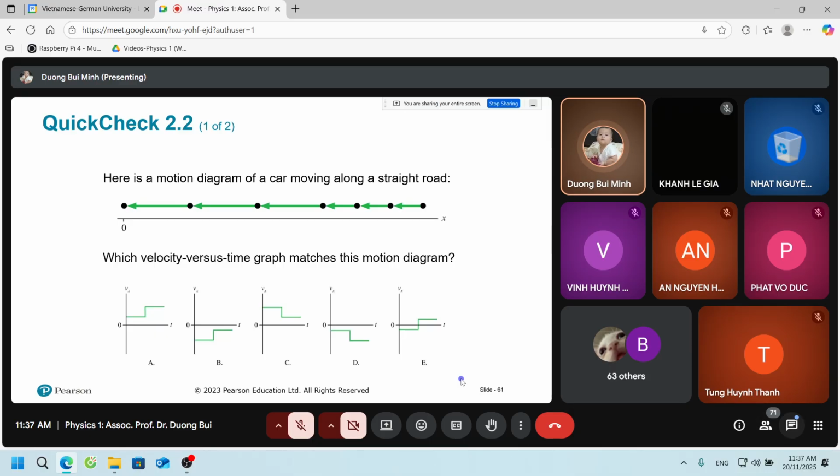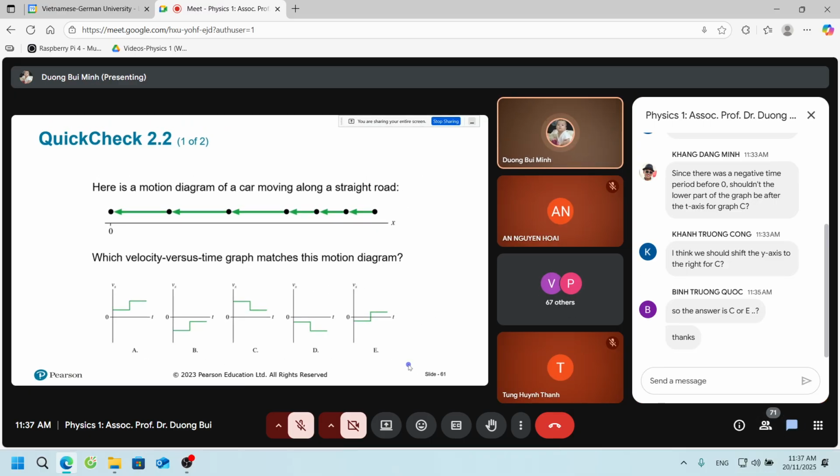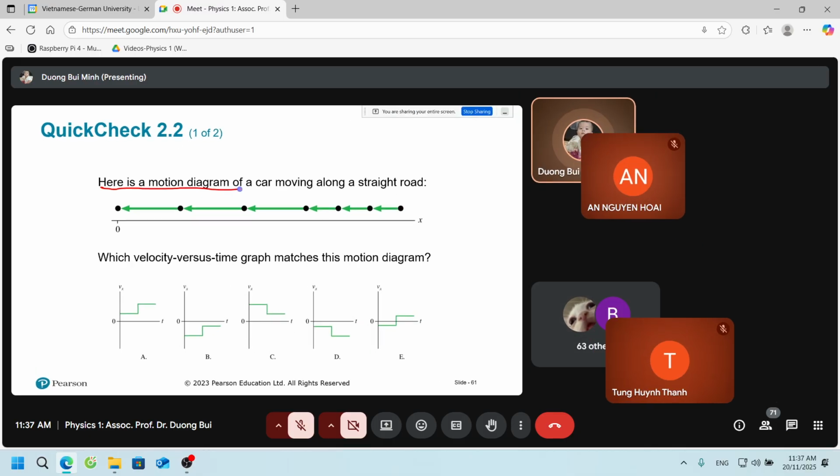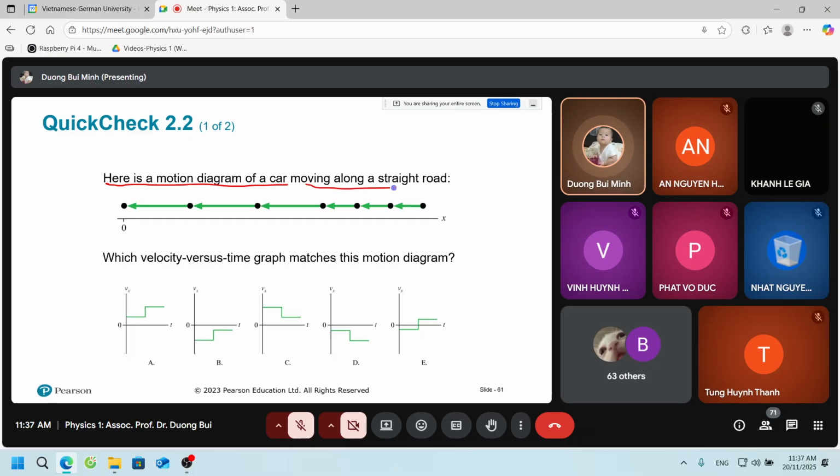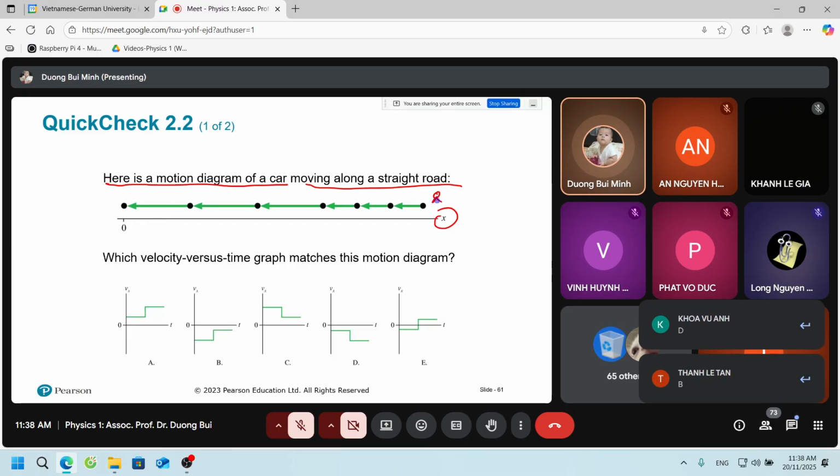Now, here is a motion diagram of a car moving along a straight road. You start here, so here is 0, right?